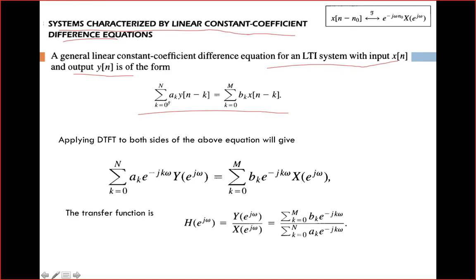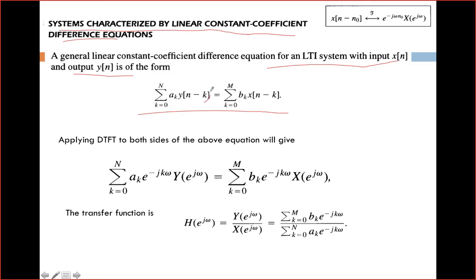For example, if you substitute k equal to 0, you will get a naught y of n plus a1 y of n minus 1 plus a2 y of n minus 2, and it will go up to a N y of n minus capital N. Similarly, when you substitute different values on the right hand side of the equation, you will get b naught x of n plus b1 x of n minus 1, and it will go up to bM x of n minus M.